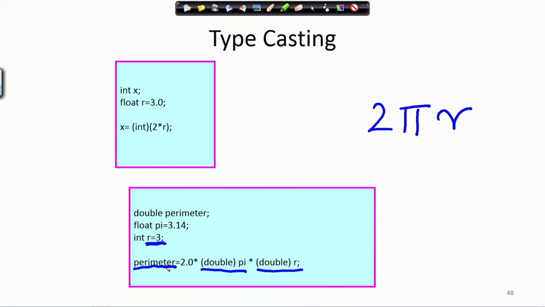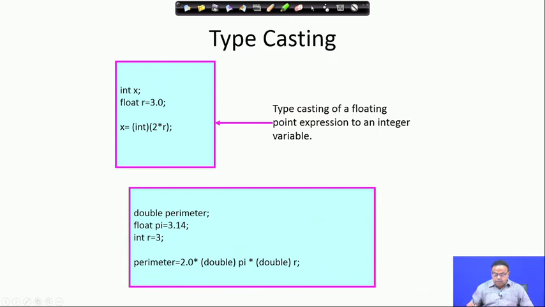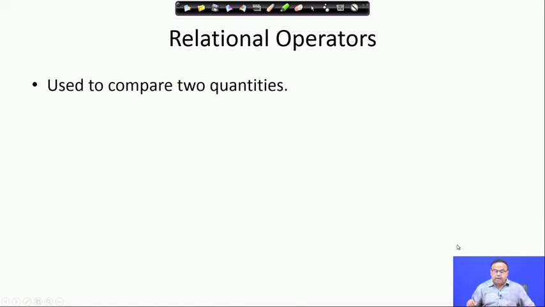Okay. So, this is another very powerful operation which we often need for scientific computation. So, typecasting of a floating point expression to an integer variable is shown here, and the typecasting to double has been shown here. We have already explained that.